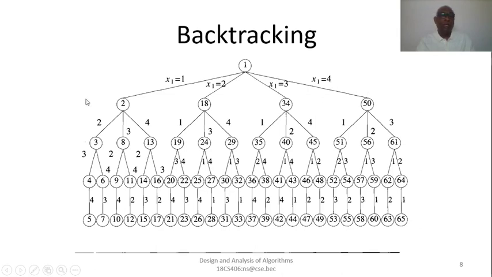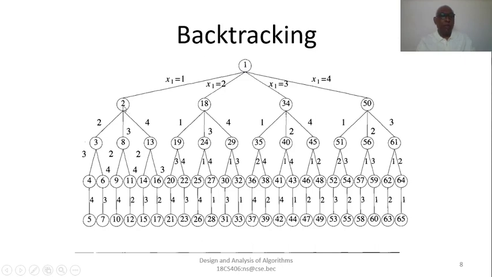Now, consider the nodes at level 2. The nodes at level 2 are the result of choosing the value of x1. That is, the nodes at level k are the result of choosing the value for xk minus 1.